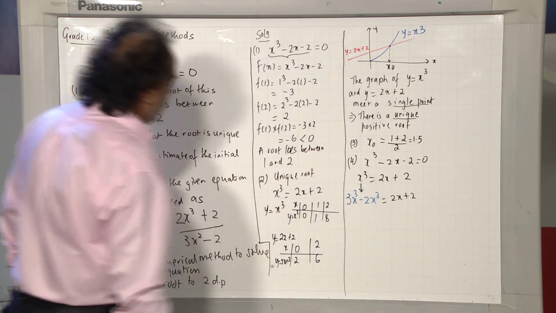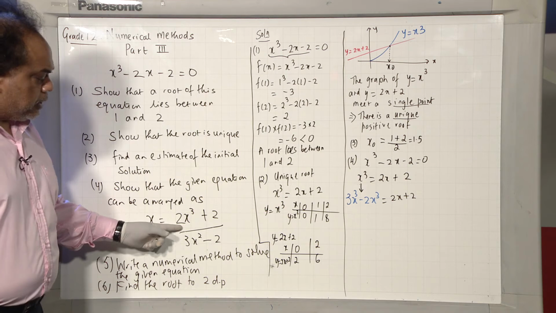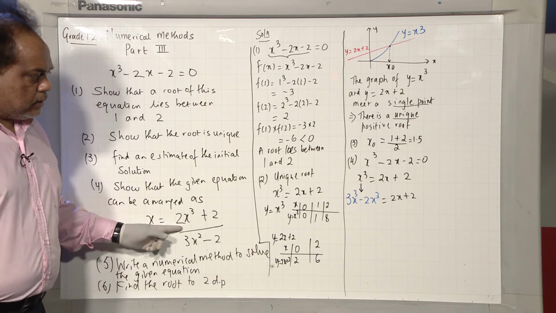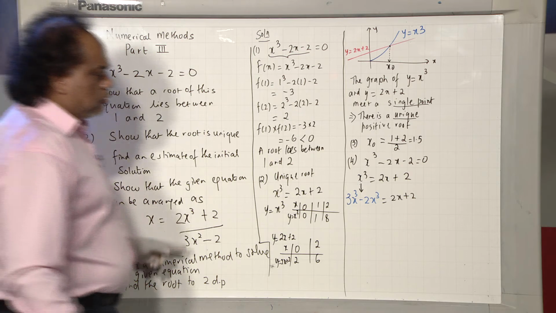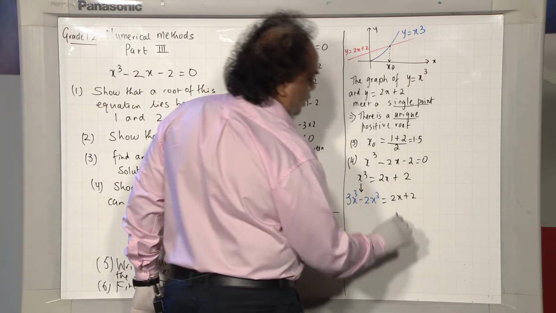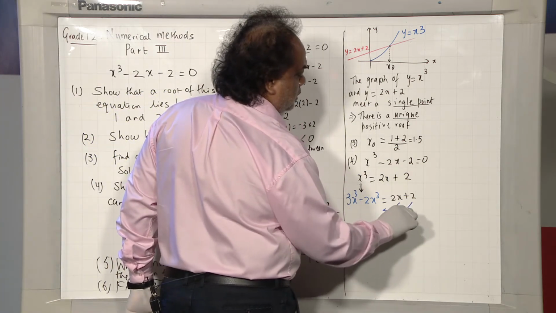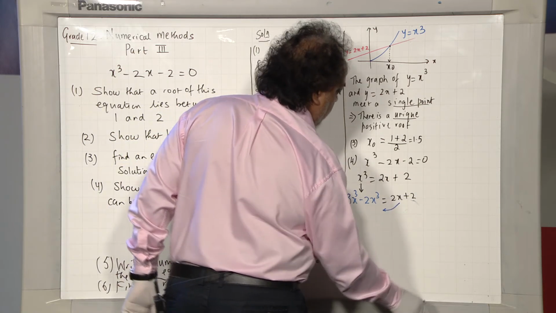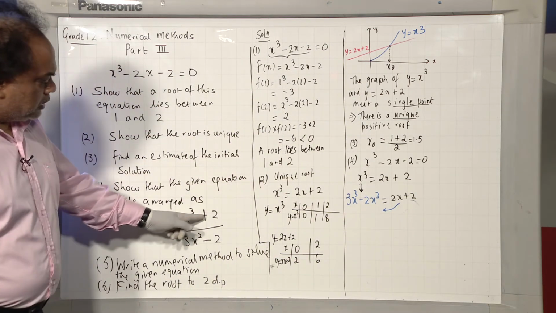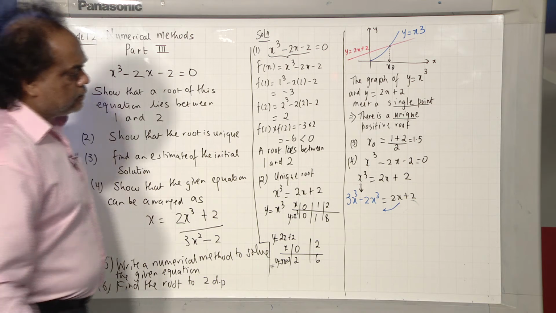Now, why do you think I did that? Because there is 2x cubed here. That was the hint given to me, the 2x cubed. So, I'm going to transfer the 2x here and leave the 2 on the right-hand side. Why leave the 2? Because the 2 remains on the right-hand side.